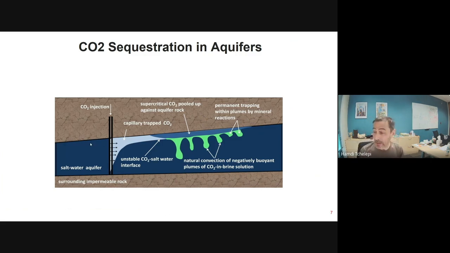So here is now a closer level of detail, a cartoon nevertheless. In this cartoon, you can think of this target blue colored layer as the formation, the porous formation that lies more than 1,000 meters below the subsurface, in which you're injecting the CO2.